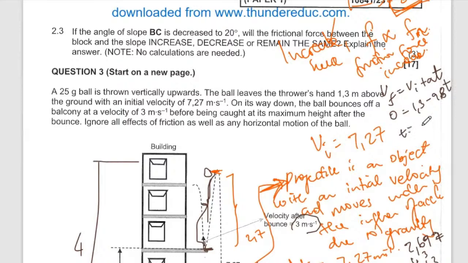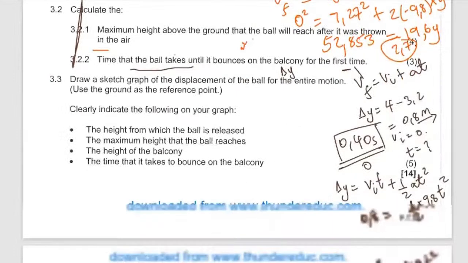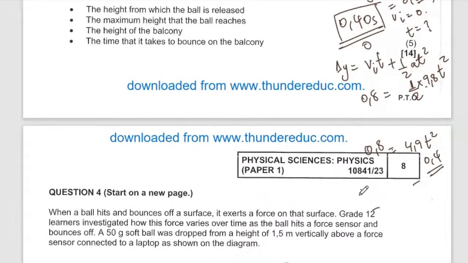So which means our t is going to be 7.27 over 9.8, which is 0.74. Okay. So then I can add the 0.4 plus the 0.3, and that's going to be 0.5.